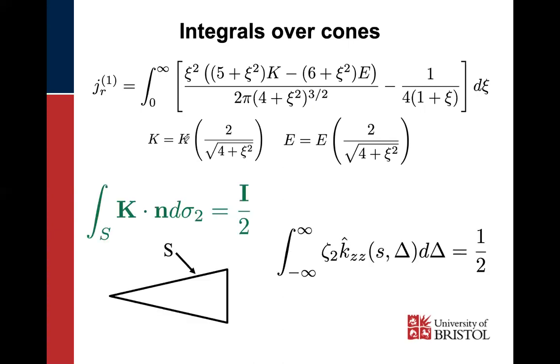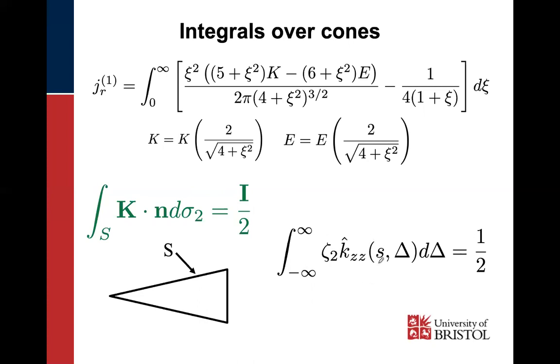And the rather amusing trick I use to do these integrals is that the kernels I'm talking about that appear in the boundary integral description obey some exact relations, which are basically manifestations of the divergence theorem. So there are some exact relations involving these same integrals. So here's an example of an exact integral I know.